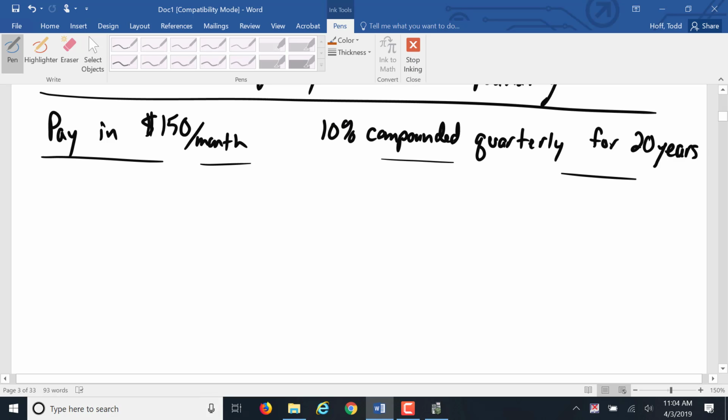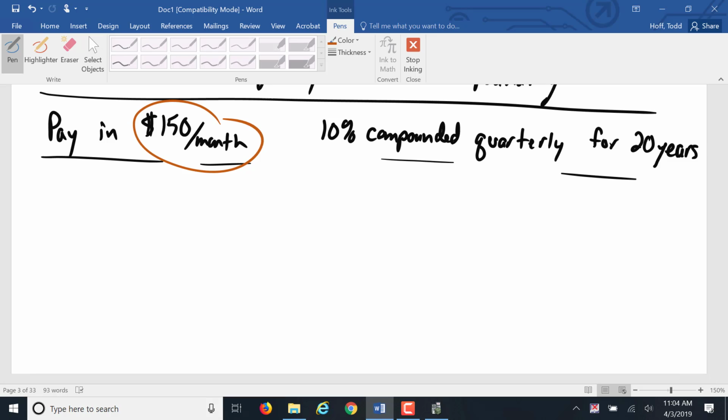Now we're going to assume that this $150 a month is accumulated in some sort of a house account and then contributed at the end of the quarter when the compounding is scheduled to happen. Because if it was paid into the account every month, even though the interest is scheduled to be compounded quarterly, remember when we talked about the U.S. rule for simple interest, every time there's an action, a payment or a withdrawal from an account, the interest has to be calculated.